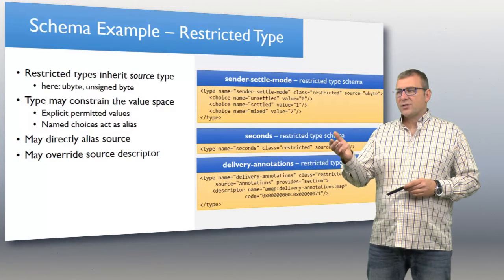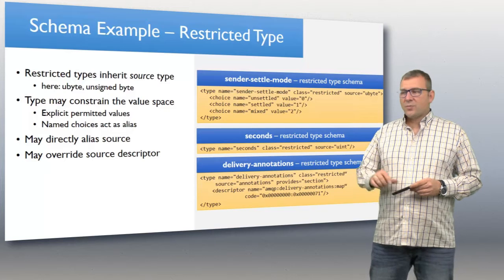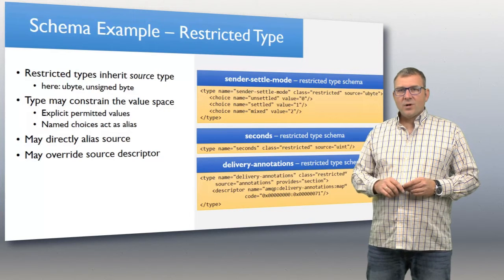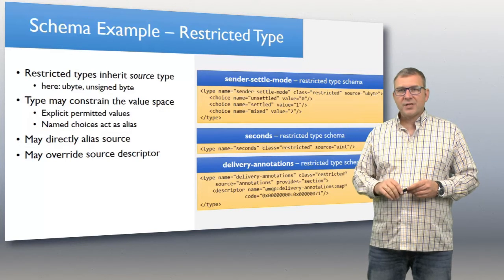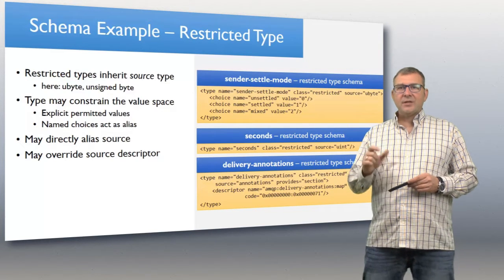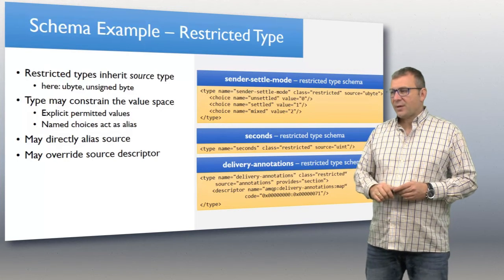There are also restricted types where you reinterpret a type, for instance, seconds, where there are no formal restrictions happening in the type per se. It's just being aliased, but then in the documentation you would say seconds has the following further constraints on top of it.